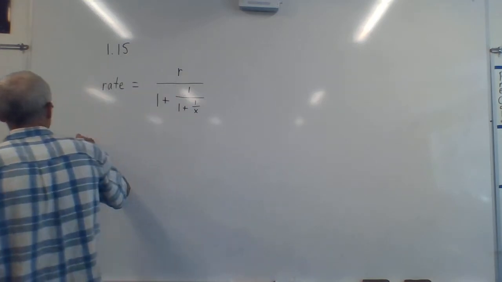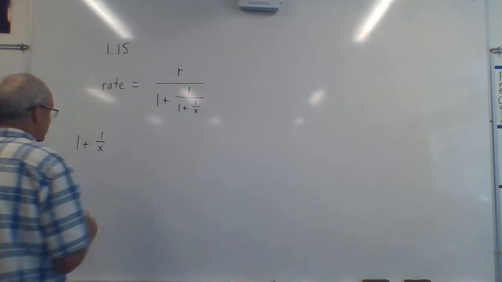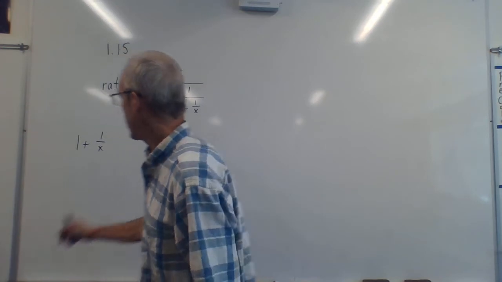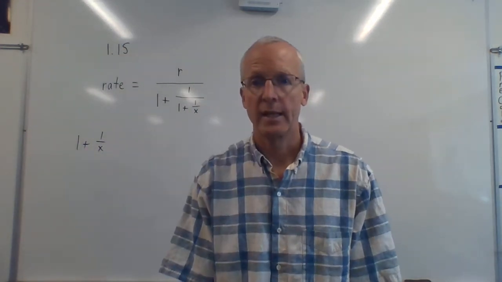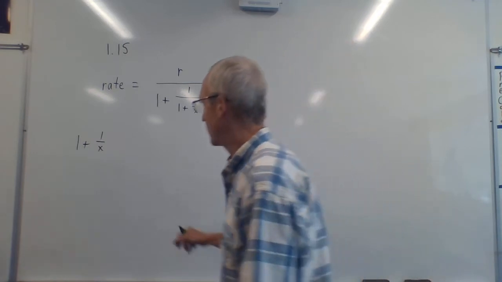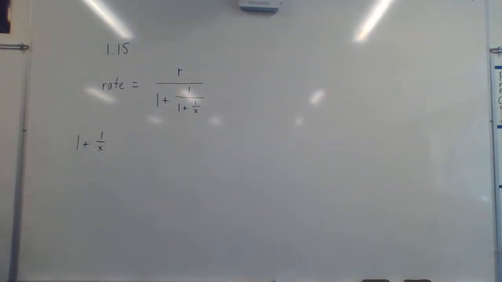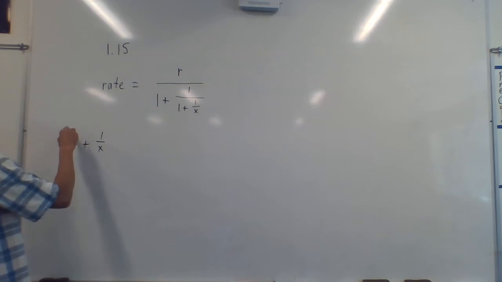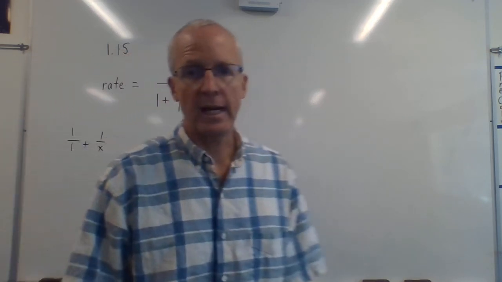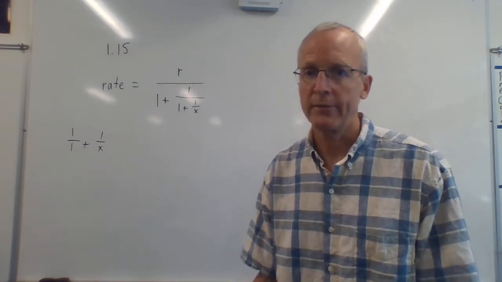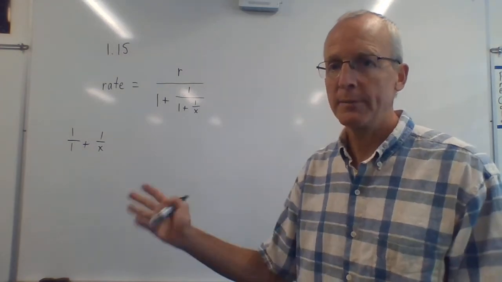This one has a denominator of x, so we have to give the 1 a denominator of x. I'm going to rewrite that 1 as 1 over 1. To find a common denominator, you multiply the top and the bottom by the same thing. We want a common denominator of x, so we multiply top and bottom by x.